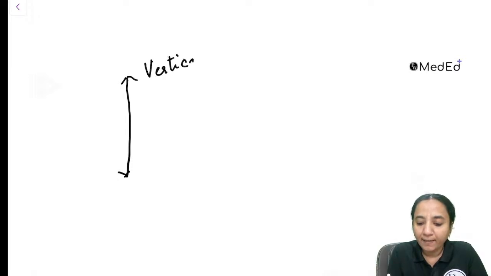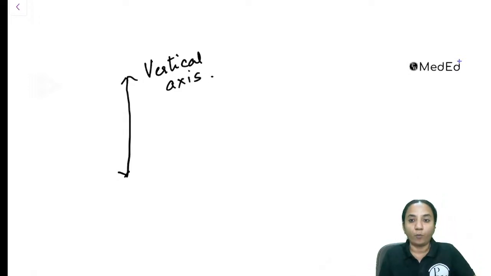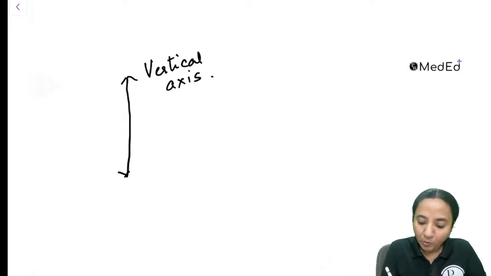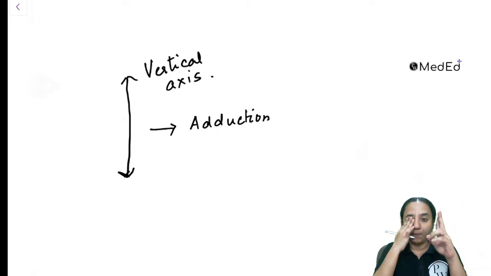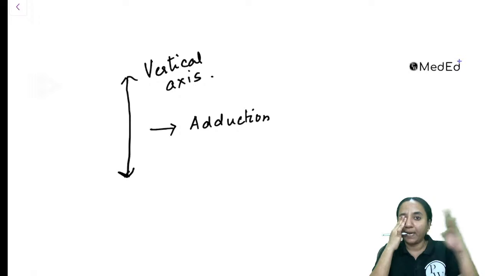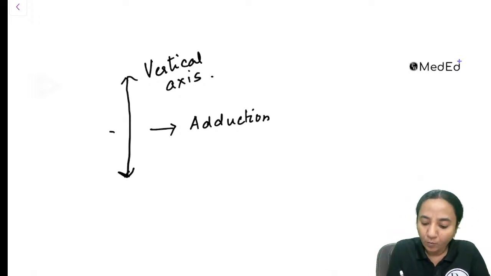First, we have a vertical axis, which is the fulcrum, or the center along which the movements are taking place. If we keep this as the center, the two movements possible are adduction, when you move the eye inwards, and abduction, when you move it outwards.